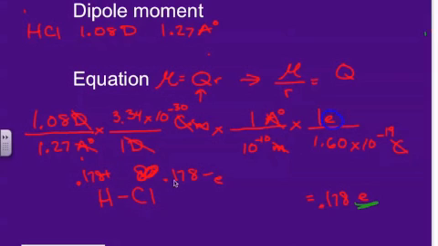Notice how this is less than 1 because there was not complete electron transfer. So this does agree with the fact that we've already determined that this is a polar molecule, that we should have partial positive and partial negative charges.